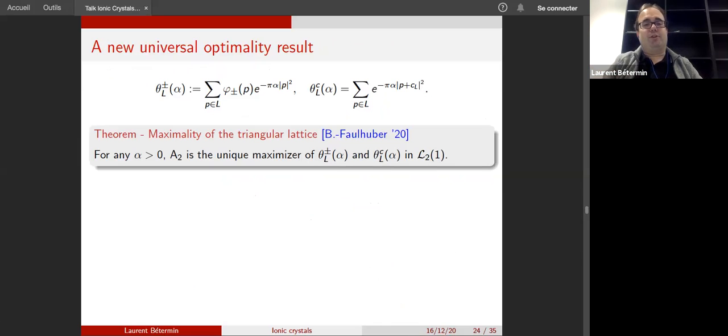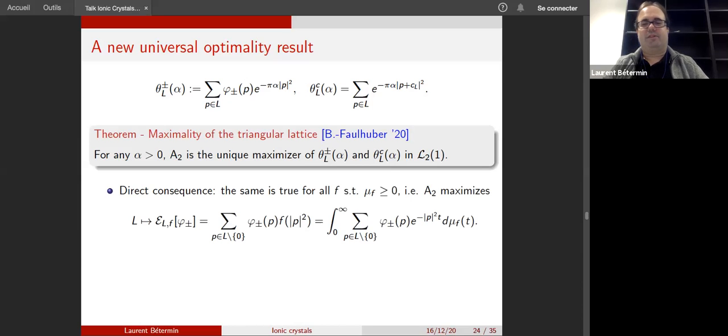Okay, so what is the result we show with Markus Faulhuber? For these two theta functions at fixed density 1, we show that the triangular lattice is the unique maximizer of these lattice functions among lattices of density 1 in dimension 2. So that's a new kind of universal optimality result.